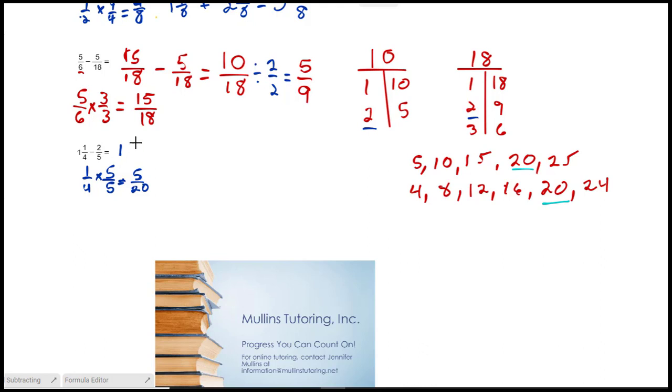I'm going to have 1 and 5/20 minus 2/5. And I'm going to multiply 2/5 by 4 over 4. And that's going to give me 8/20.